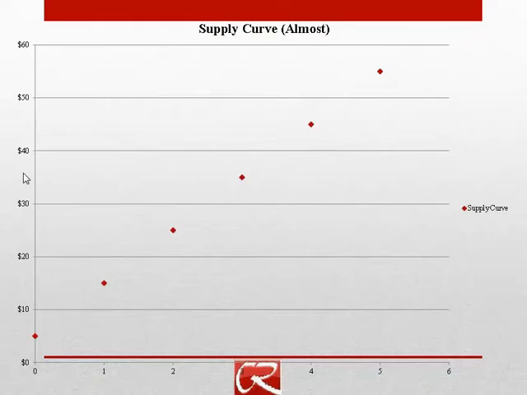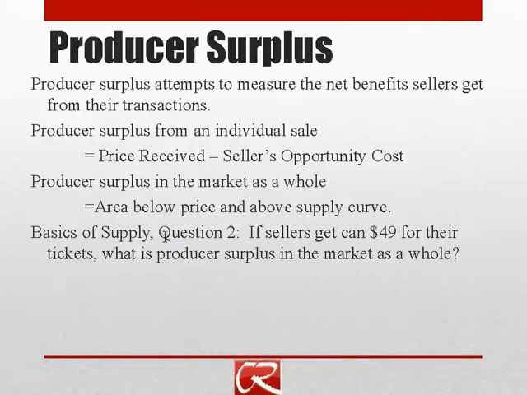So the price received is going to be the height here, and the seller's opportunity cost is the height of the supply curve. So if we had a $35 price, then producer surplus would be the area of this triangle here, because we would be taking price and then subtracting off the seller cost at each point.